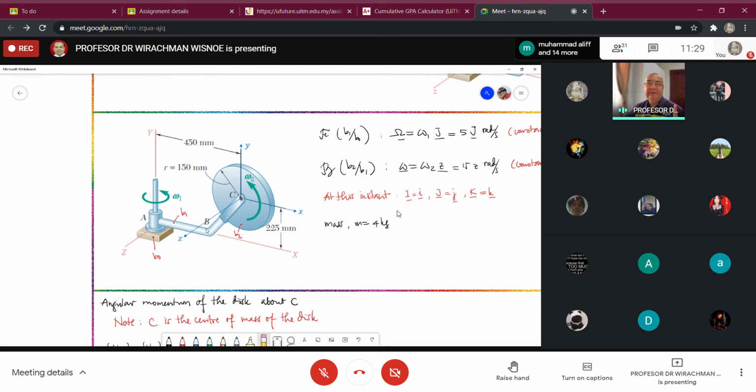Okay, and then we have another one moving, which is body number 2, this disk. This disk rotating relative to this arm. So the arm can rotate. And then at the same time, the disk rotating.